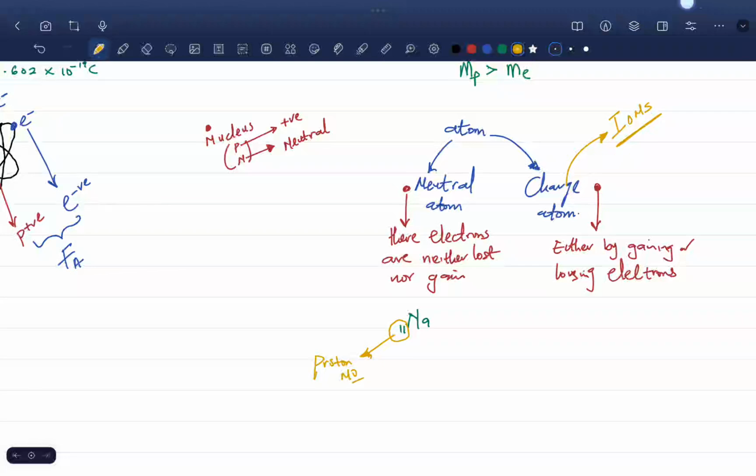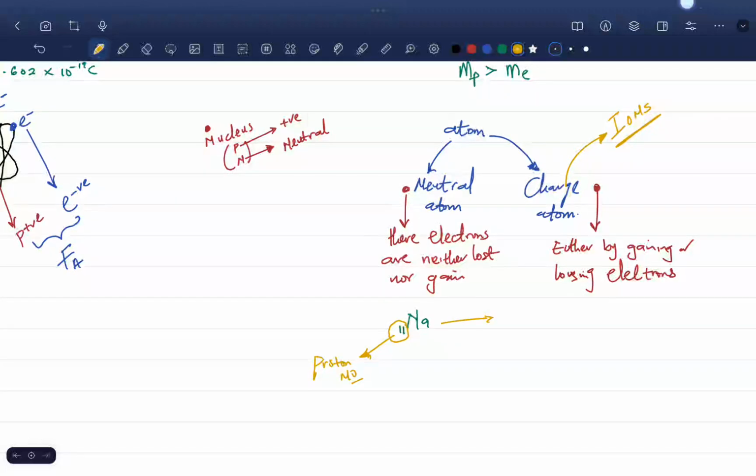If the proton number is 11, we can say sodium has a +11 charge, since it has 11 protons. And the electrons in this case are also 11, but this time that will be -11 coulombs. I can take the total charge here, and that will give me 0.